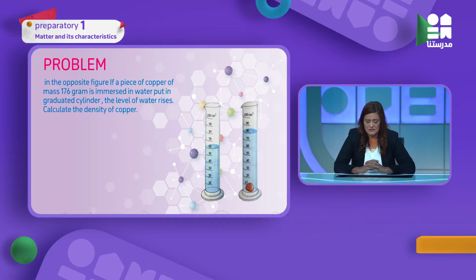Another problem. The opposite figure, we have here two measuring cylinders. If a piece of copper of mass 176 gram is immersed in a water put in graduated cylinder, the level of water rises, calculate the density. هنا هنقف هنتكلم وهنرجع شوية لفورس primary. I know quite well that you know this experiment.